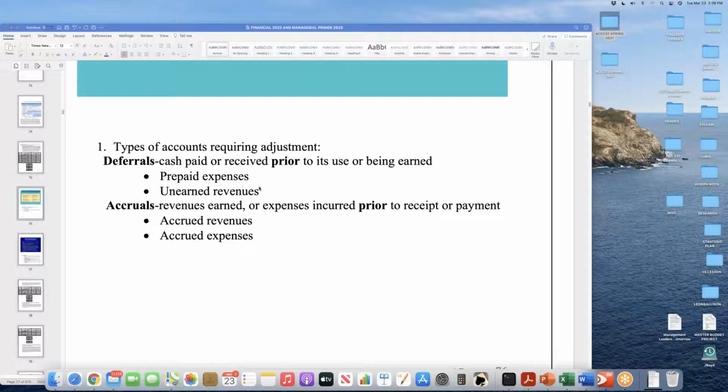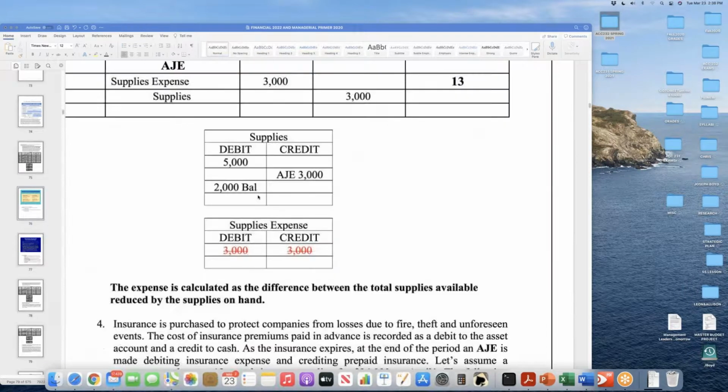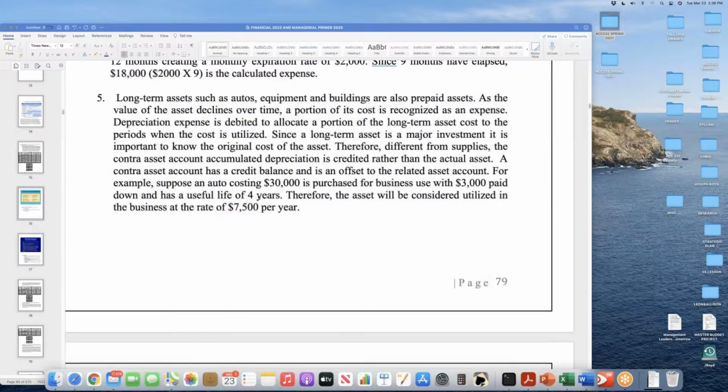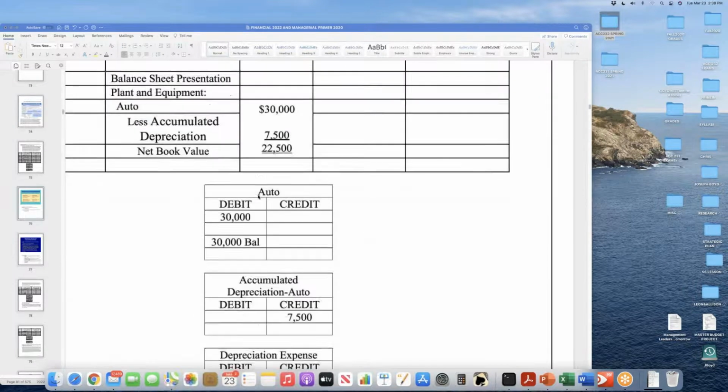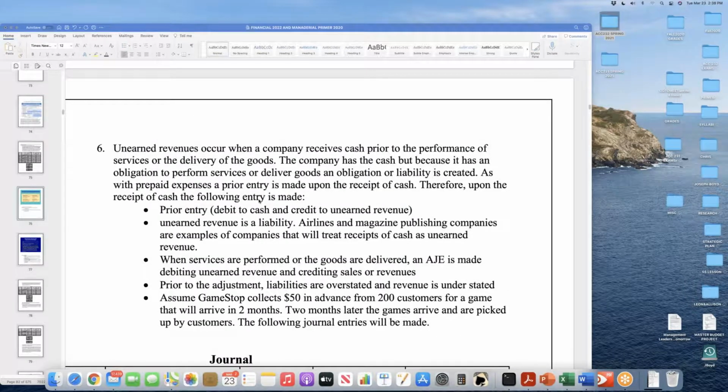And we're going to start with unearned revenues, which I think is one of the easier ones. So what is unearned revenue? If I ask you what unearned revenue was, what would you tell me from last time? Unearned revenue occurs when a company gets cash prior to the performance of the services or goods. You're putting down a deposit.